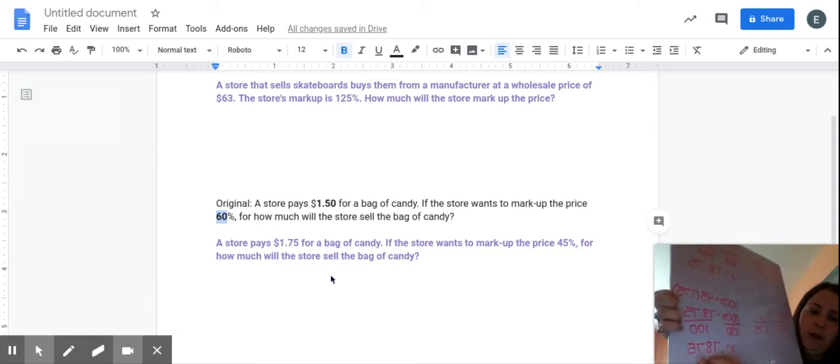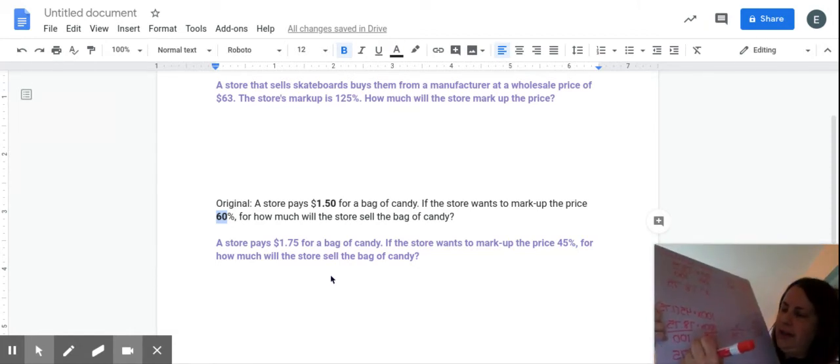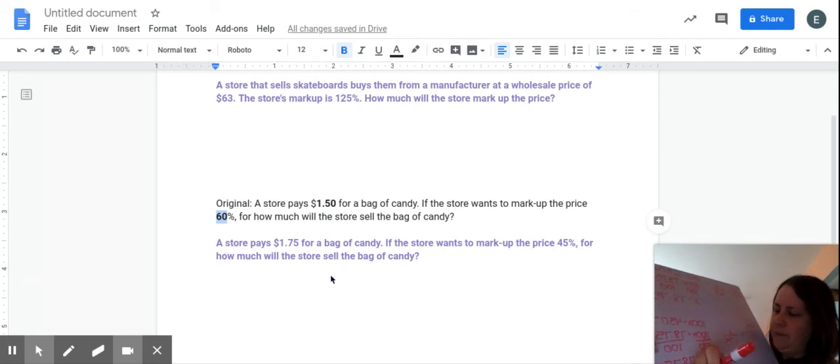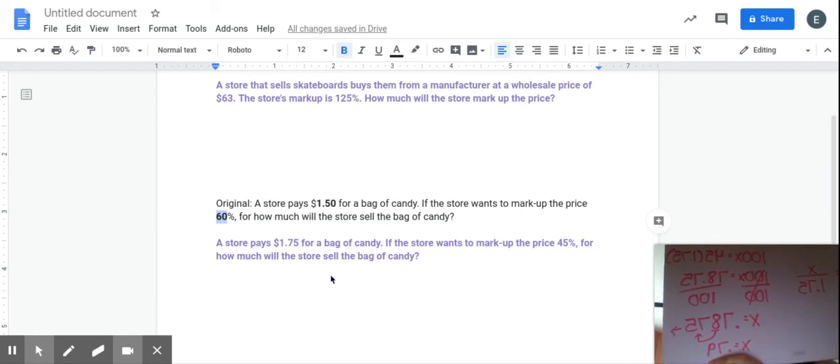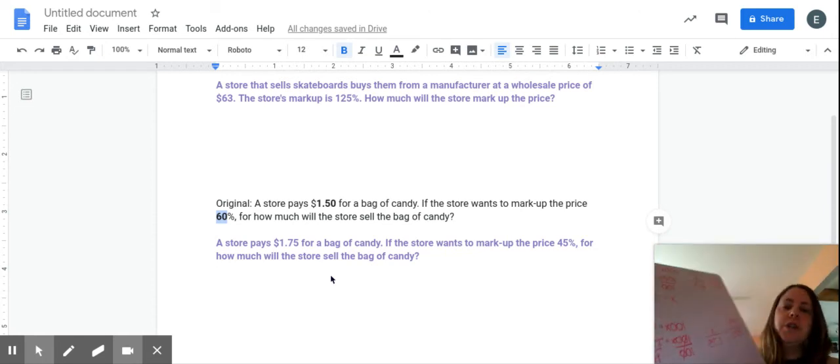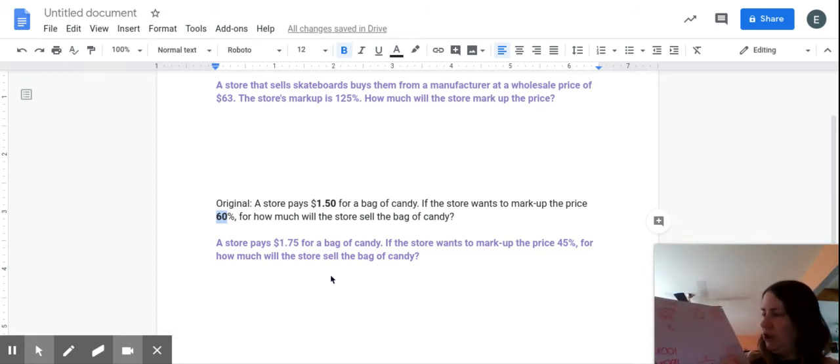In my problem, I only need 2 spots after. That 8 looks at that 7 and it tells it to give it a shove. So x equals 0.79. So the store is going to mark it up 79 cents. But I want to know how much they're selling that bag of candy for. So once you get this x right here, you take that x and add it to the original price.